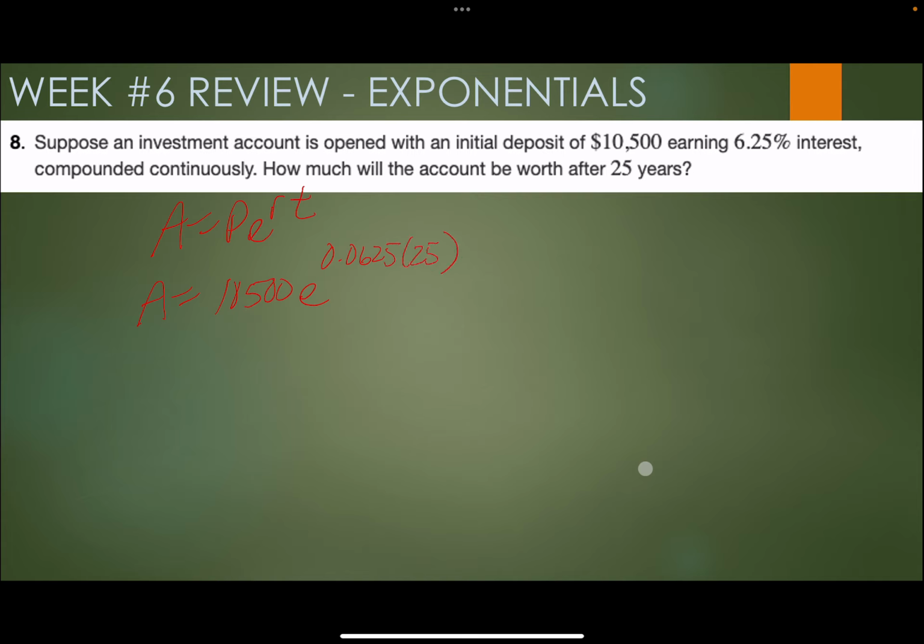So we're going to take our calculator, and e to the 0.0625 times 25. I need to put that in parentheses. I get, at the end of 25 years, that we got $50,092.70 in that account. Hopefully you got that as well.